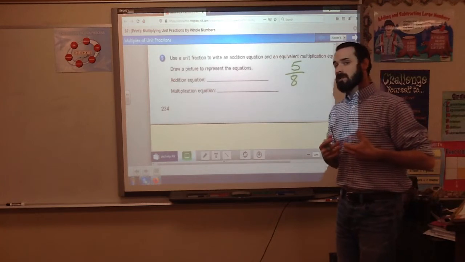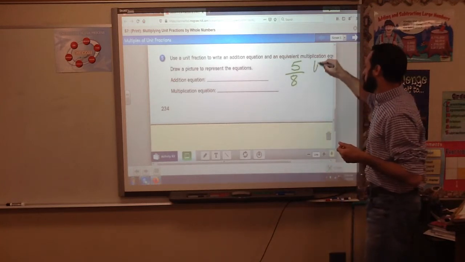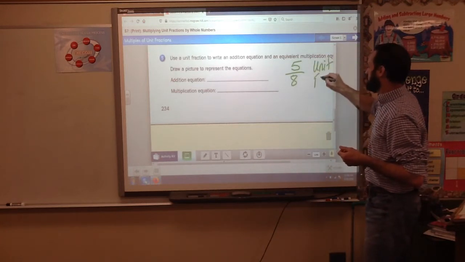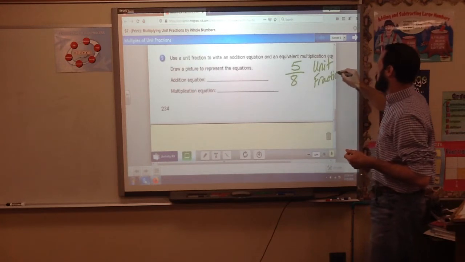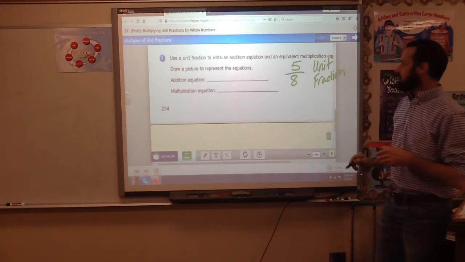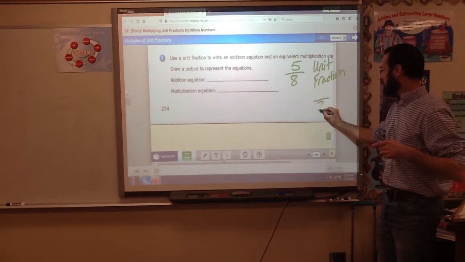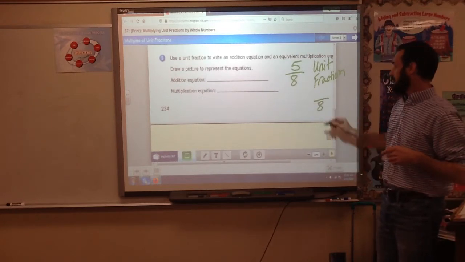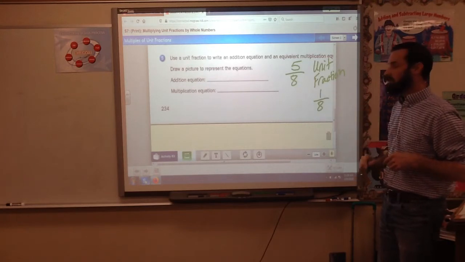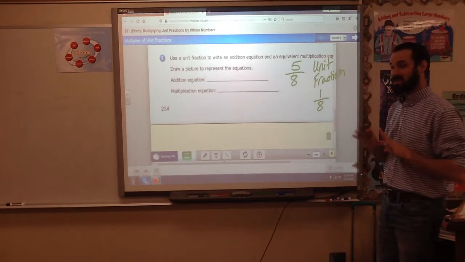So what you need to think about right now is, what would the unit fraction be for 5/8? The unit fraction, remember, is simply whatever the denominator is, and we're going to break it down to a 1. That's the smallest fraction we can have.